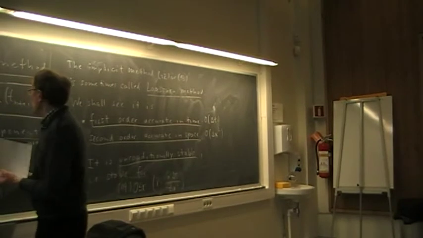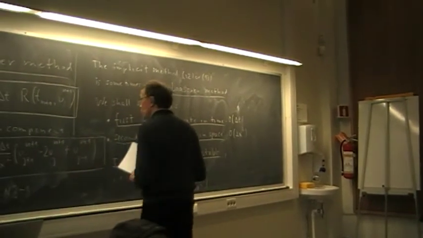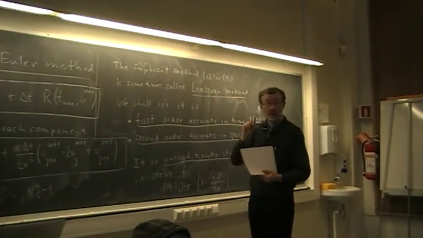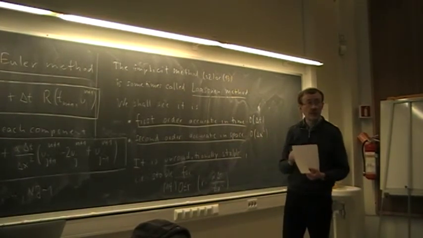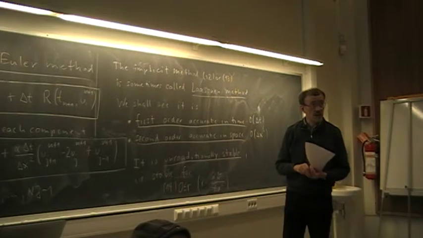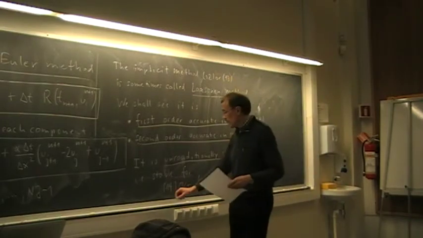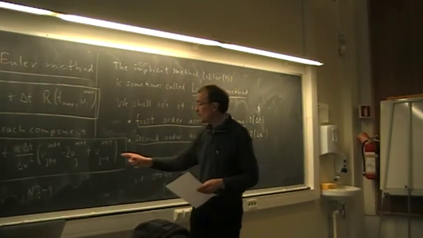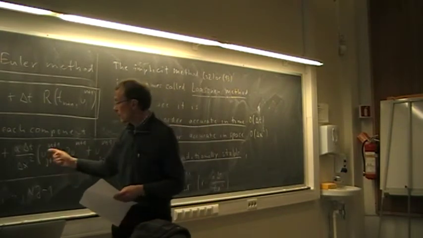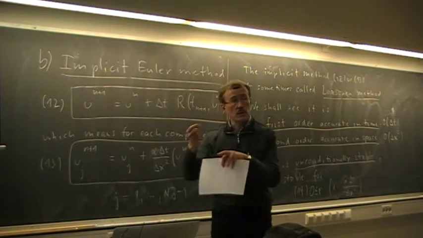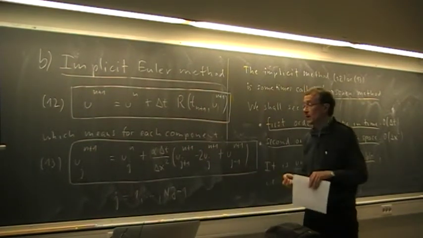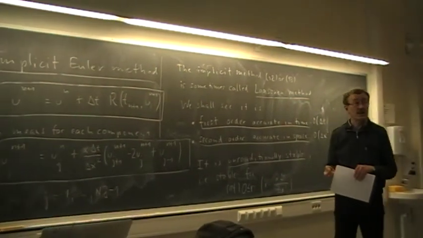However, we should look into the discretization now once again, because this is more complicated now than the explicit Euler method. The reason is that these solutions on the right hand side are already at the new time level. So in fact, here we get a linear system.